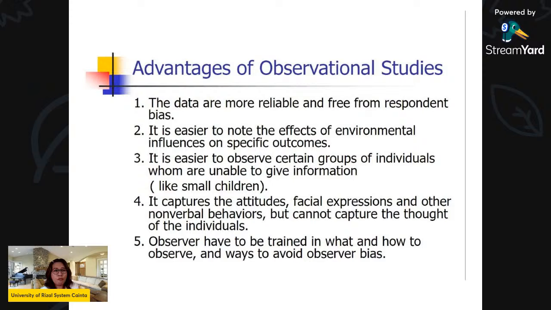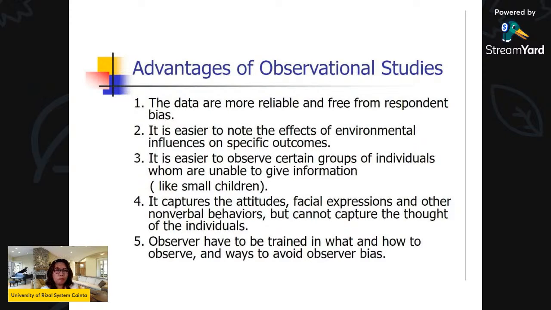Okay? Number five, observers have to be trained in what and how to observe and ways to avoid observer bias. Maging fair yung observation mo, you have to be trained in a particular observation. Kailangan ma-identify mo kung ano ba yung needed na focus niya. And paano mo i-apply.